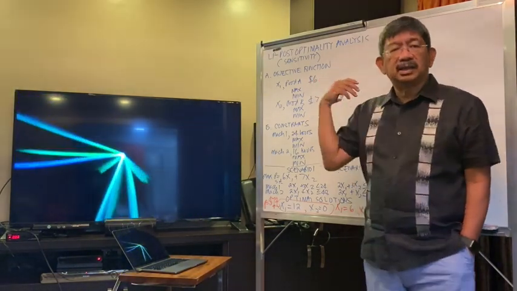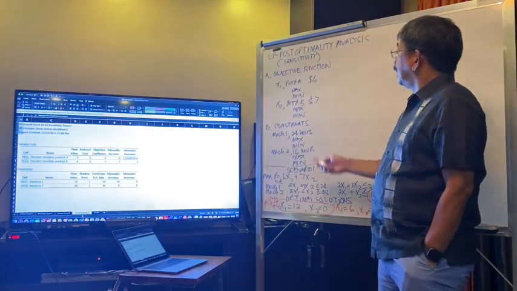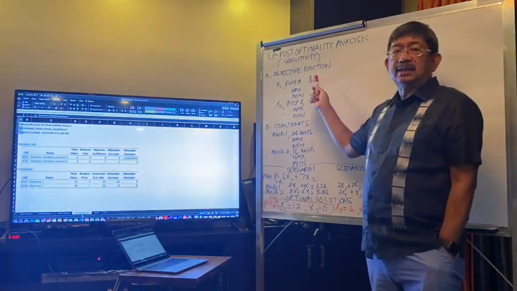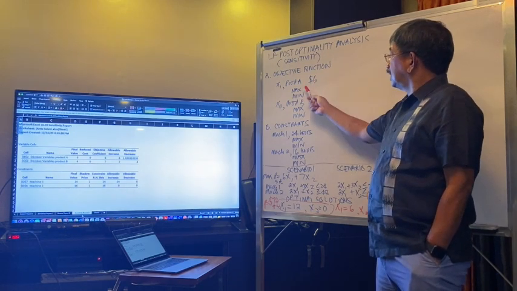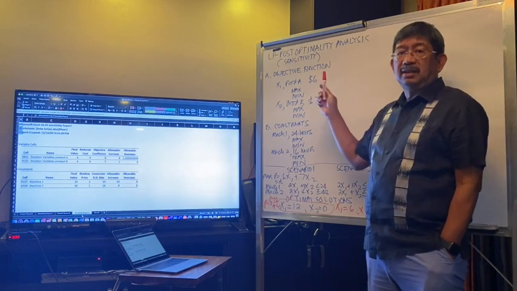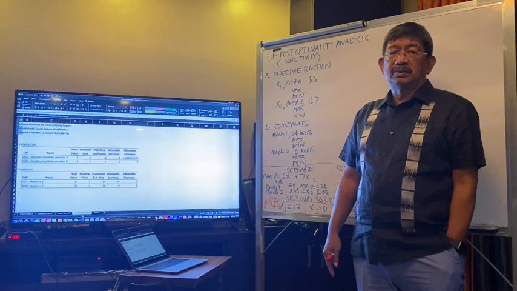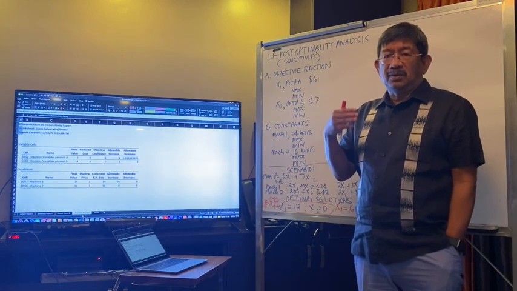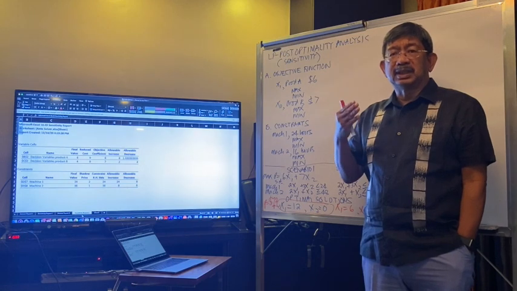So the analysis is this. If we increase or decrease the profit margin for product A or product B, what's the impact on the optimal solution? Again, balikan natin. Why is the optimal solution critical?